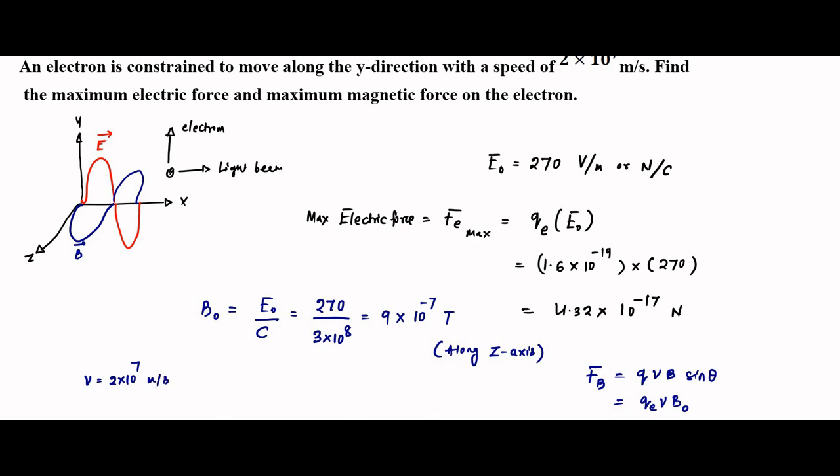So this force, the maximum, is equal to 1.6 into 10 to the power minus 19, which is the electronic charge, into 2 into 10 to the power 7, into the maximum value or amplitude of the magnetic field, which is 9 into 10 to the power minus 7 Tesla.